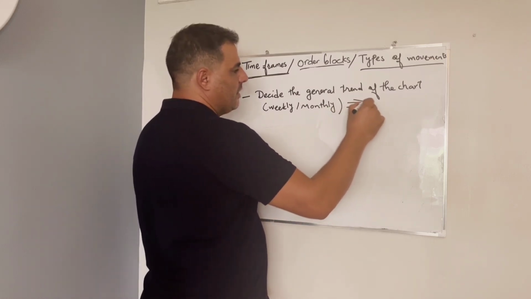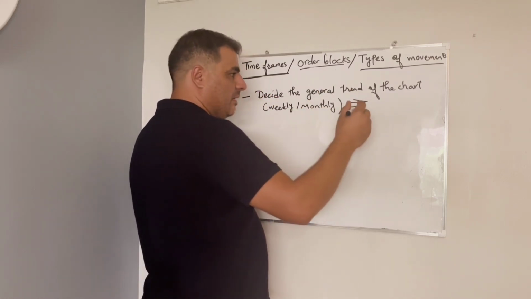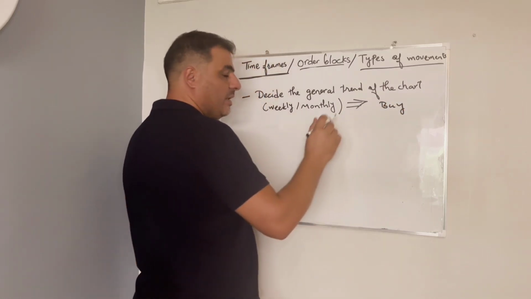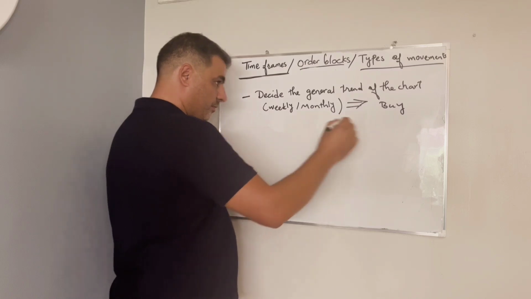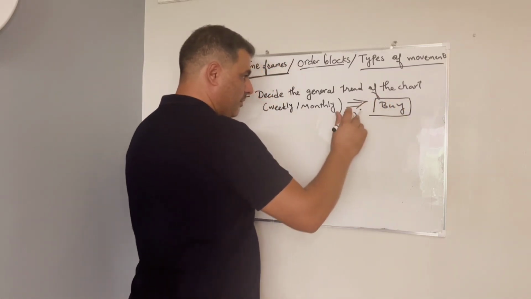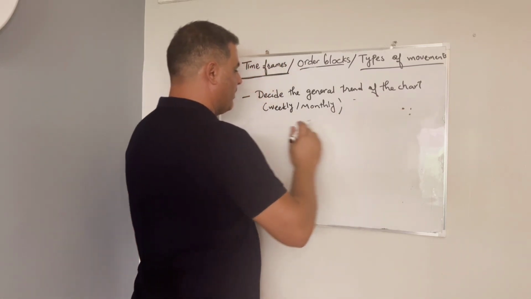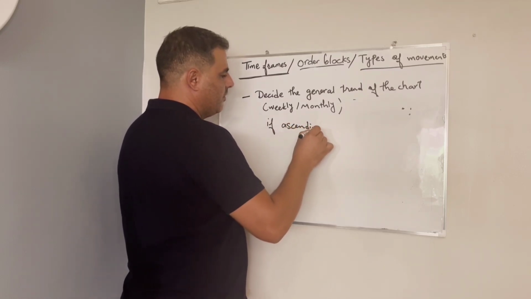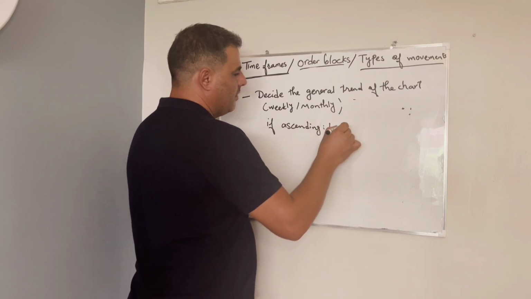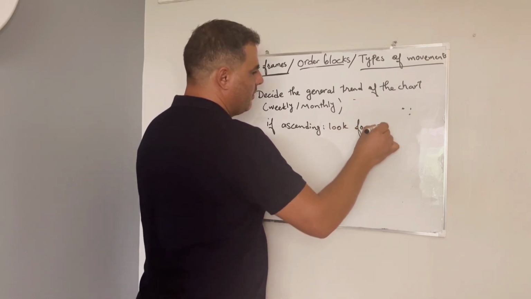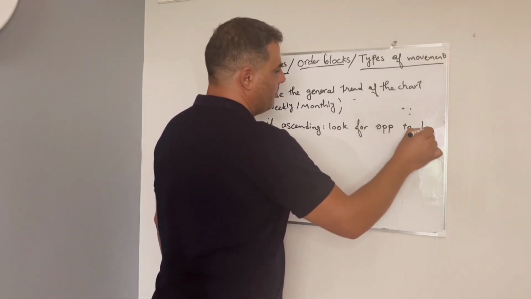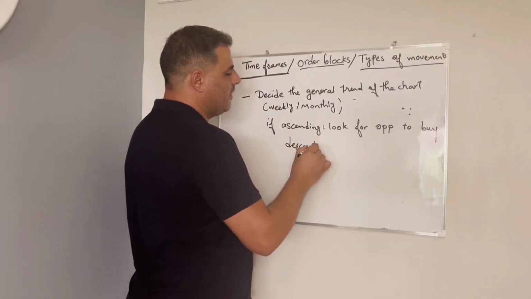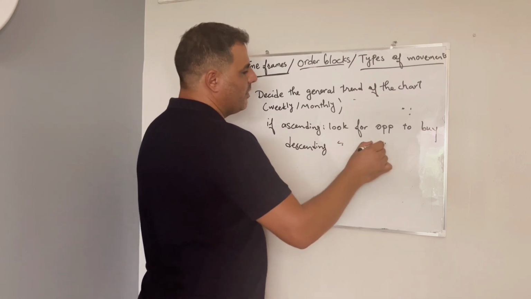If the result is that the market is perfectly ascending, then look for opportunities to buy. If it's been descending, look for opportunities to sell.